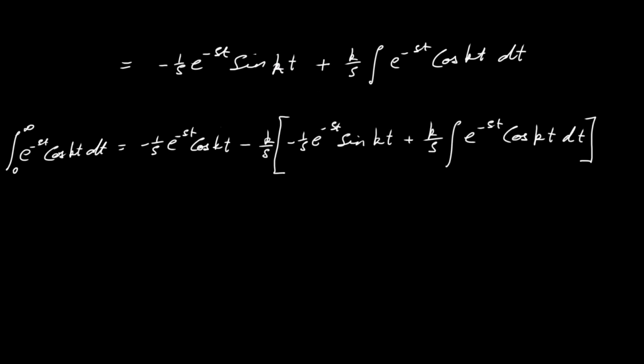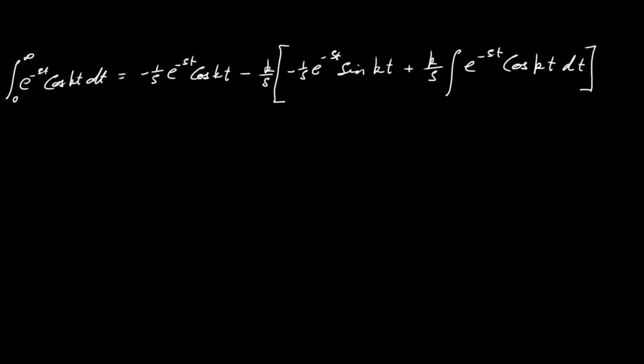Okay, so this is where we are at the moment. We have the Laplace transform of cos kt, which is here, but you may also notice that we have it out here as well.